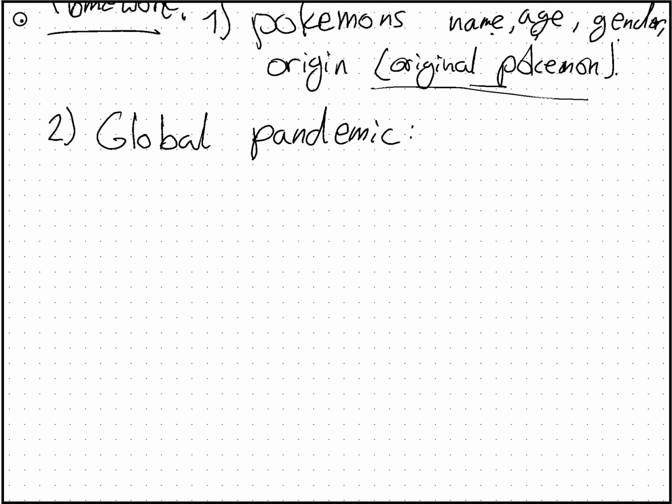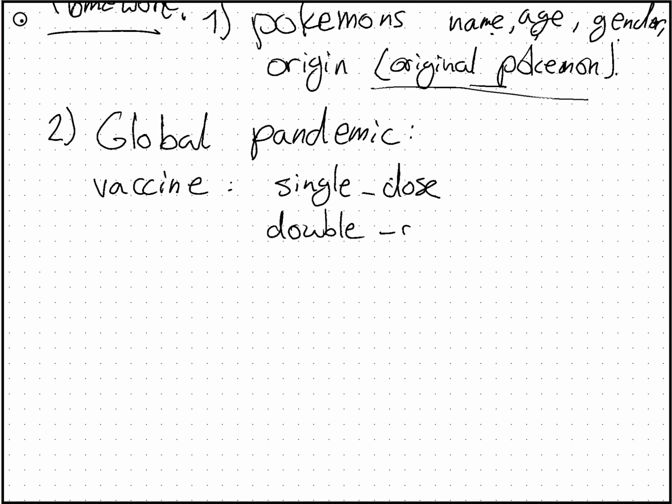And some vaccines were single dose, meaning you only had to take it once. And some vaccines were double dose. Well, actually, after a few years, there were even more. But let's just pretend that only single dose and double dose were with specified injection dates.